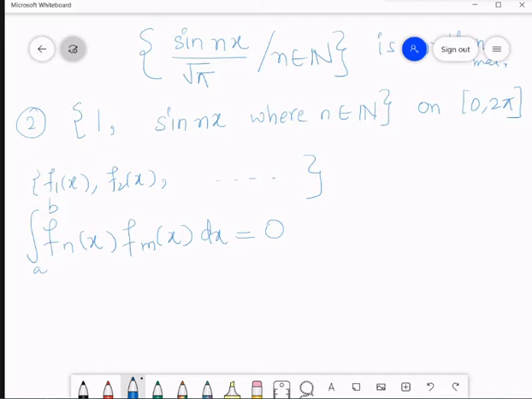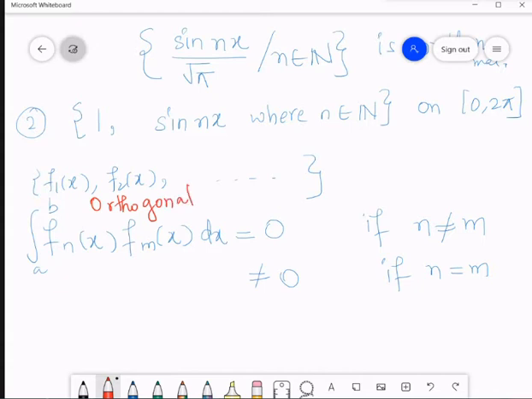This is equal to 0 if n is not equal to m, and not equal to 0 if n is equal to m, then this set is said to be orthogonal.